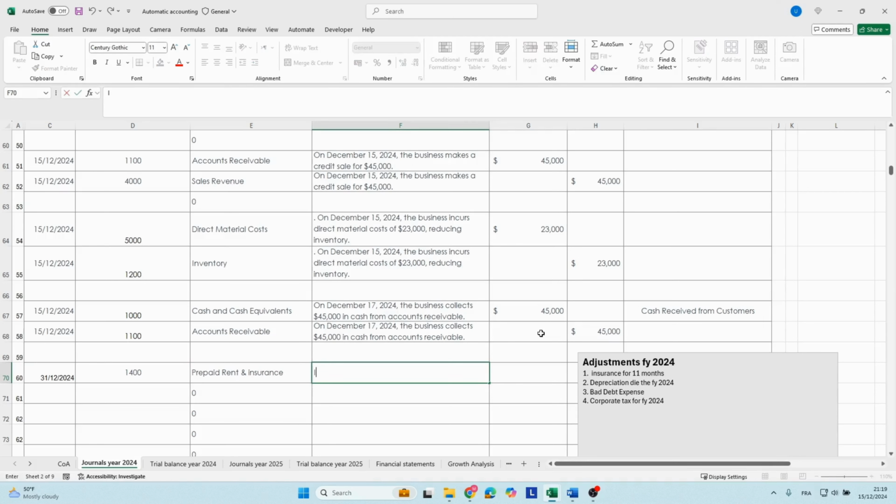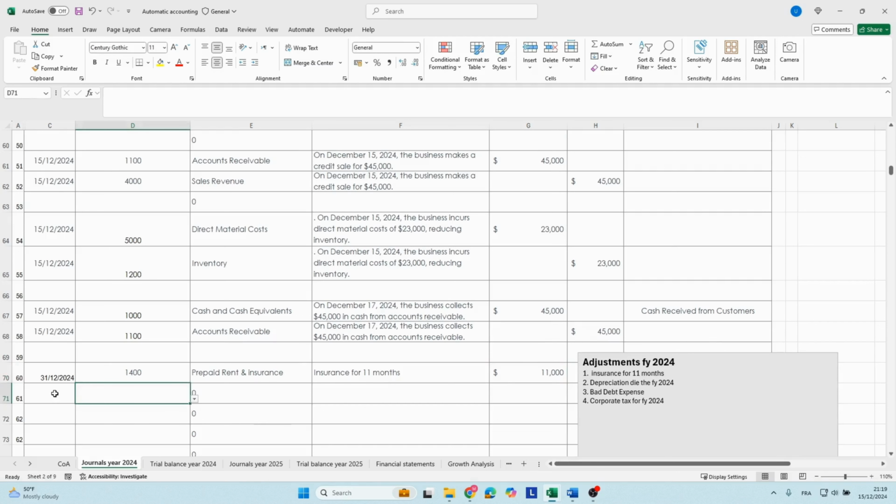So it will be insurance for 11 months. Then we put the value, so it's 11,000 because 1,000 multiplied by 11 months. Initially we paid 12, so 11,000 for 11 months will be reported as cost for the next year. Here we put the same date.